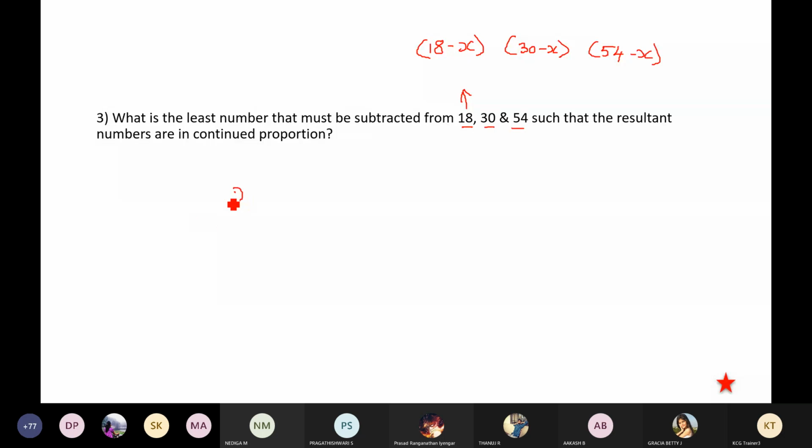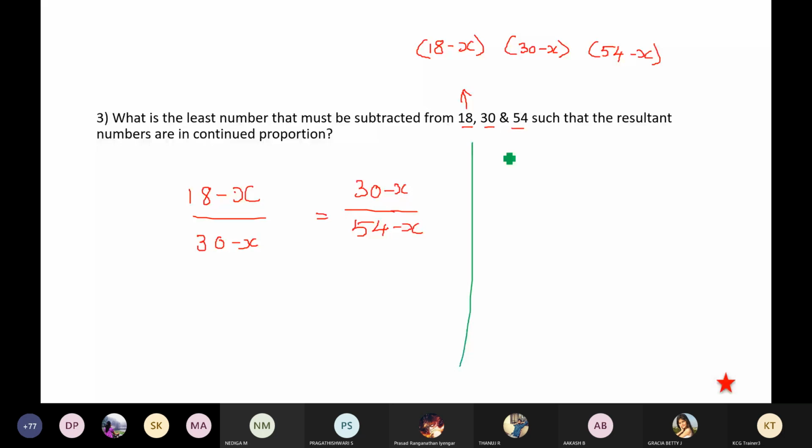So 18 minus x divided by 30 minus x should be equal to 30 minus x divided by 54 minus x. Find out the value of x. But if I cross multiply, it is going to be a very difficult process. So what I would suggest is substitute the value of x as 1, 2, 3, and so on, and see for which value of x LHS is equal to RHS.